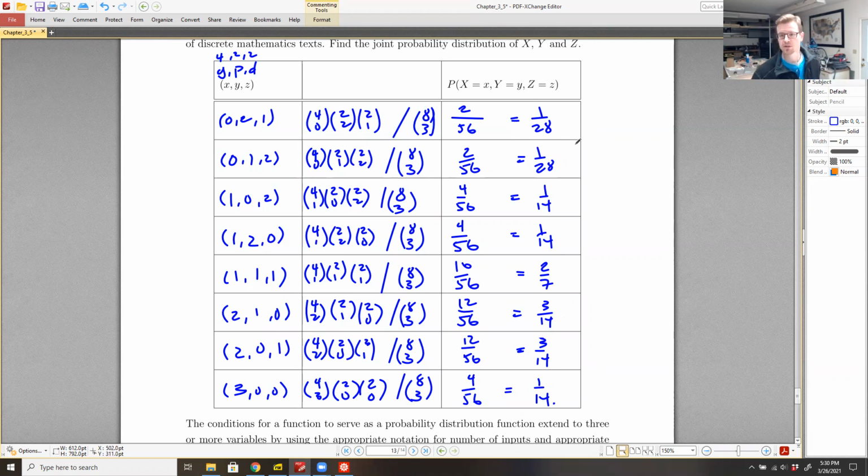For example, 1/14, 2/14, 3/14, 7/14, 10/14, 13/14, 14/14, 1. So we do have that, and of course they're all non-negative. So it's the same thing for 3 or more as it was for 2 or essentially even 1. We just have multiple summations.